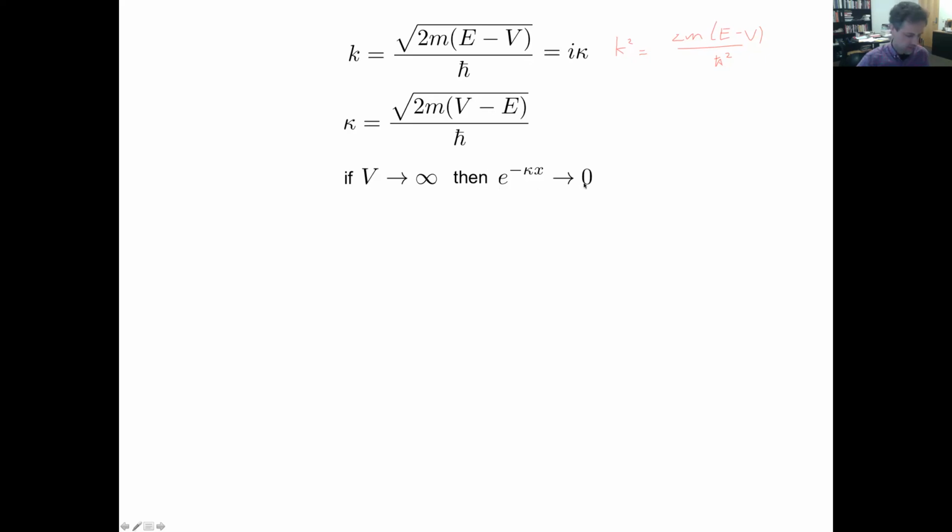That basically means that the particle has a wave function in the barrier with an amplitude of 0. If you take the square modulus of 0, you get absolutely 0. That means the probability, which is what the square modulus of the wave function is, is going to be 0.